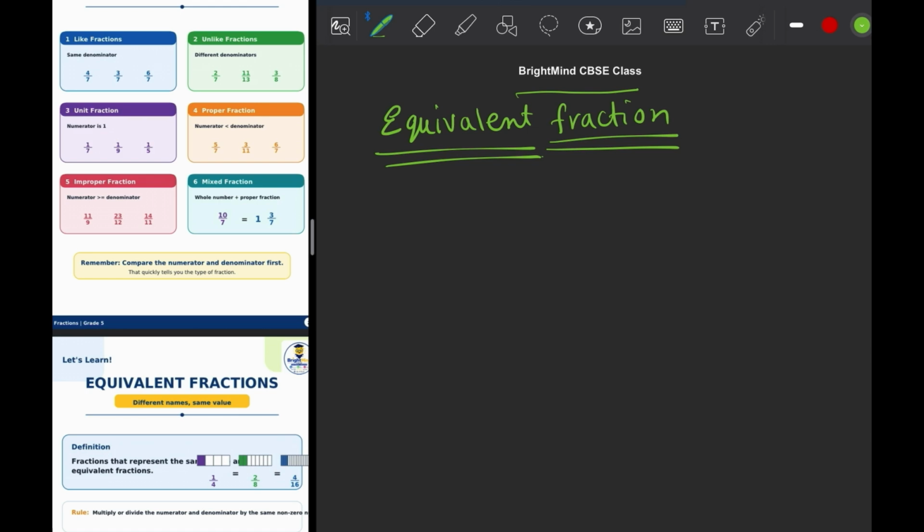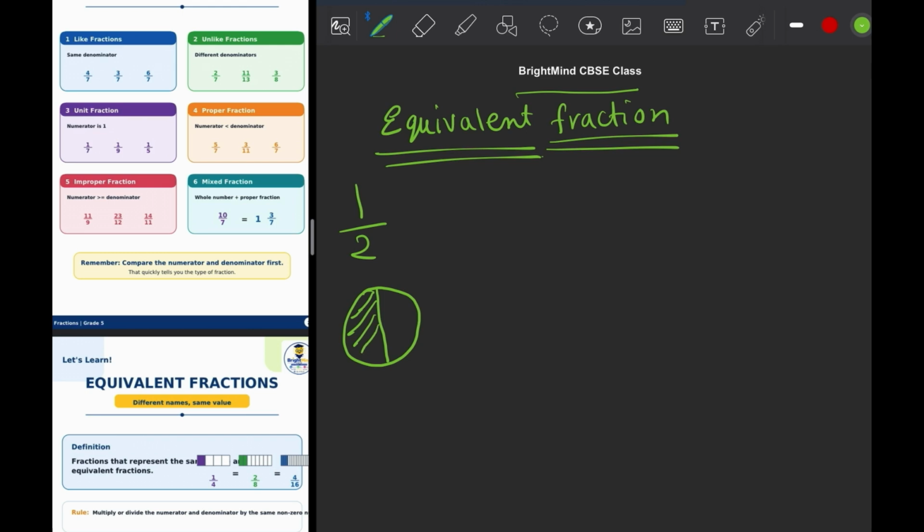I will write here one fraction, suppose 1/2, and let me draw a pie, a round circle, and I will cut this pie into two pieces.